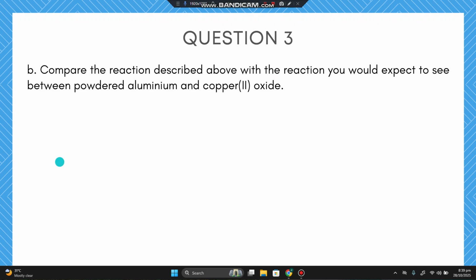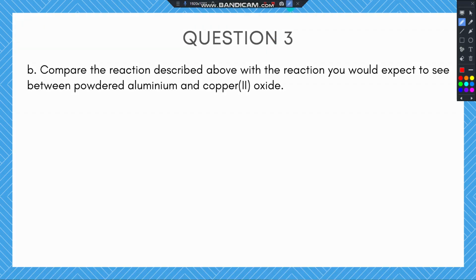Now the next question says, compare the reaction described above with the reaction you would expect to see between powdered aluminium and copper 2 oxide. So if we have aluminium, Al, reacting with copper 2 oxide, we have two metals, aluminium and copper.